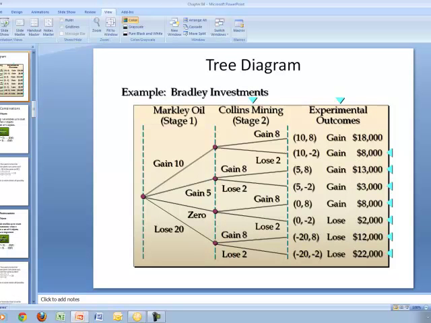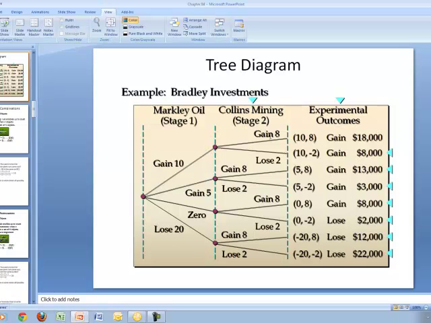Consider this tree diagram. As you can see, in the first step, there are 4 possible outcomes: a gain of 10, a gain of 5, a gain of 0, or a loss of 20. What happens now? Suppose we've gained 10 with Markley. There are now 2 possible outcomes to our investment in Collins.